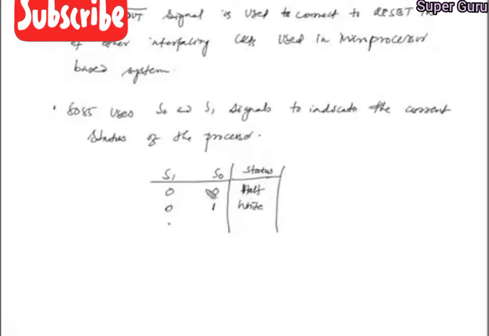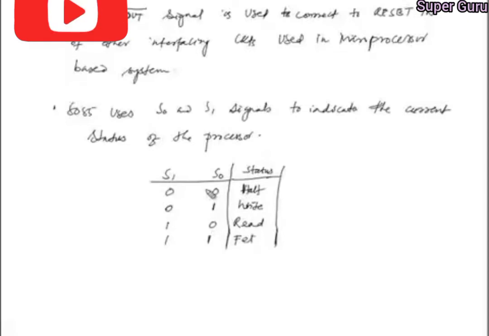If S1 is 1 and S0 is 0, it is read. Then both 1 1, it will be fetch.